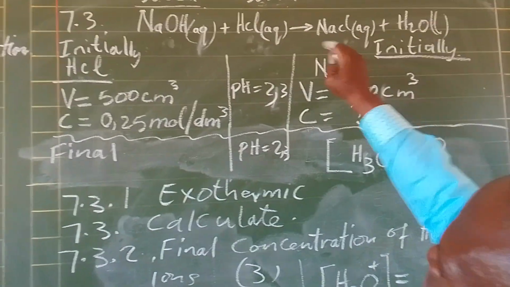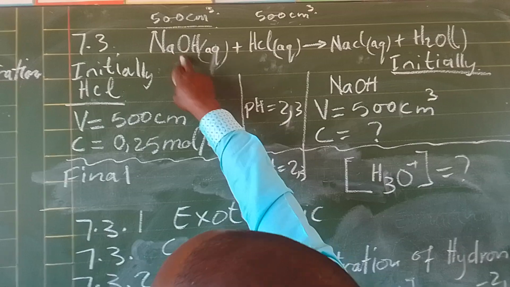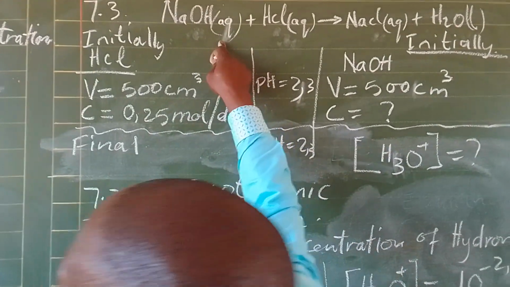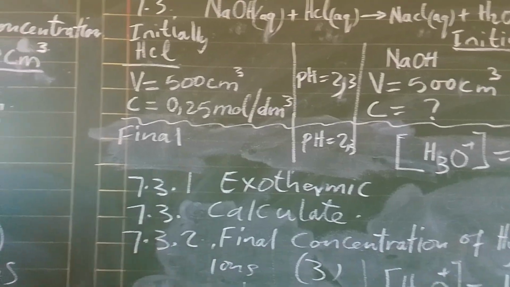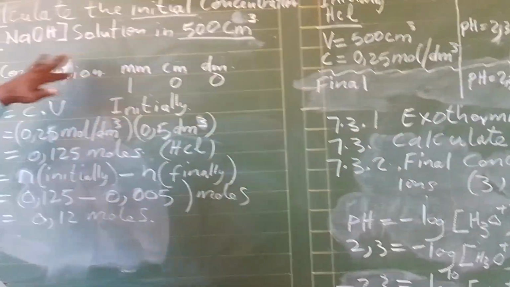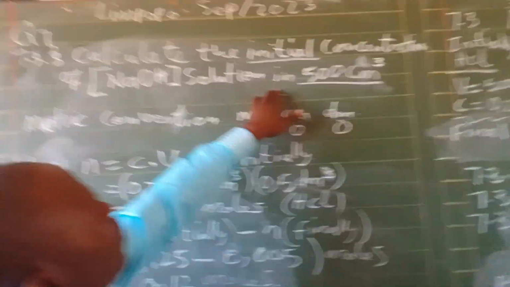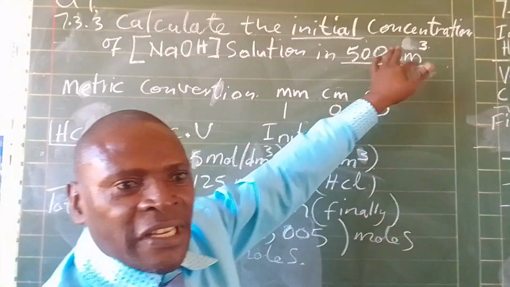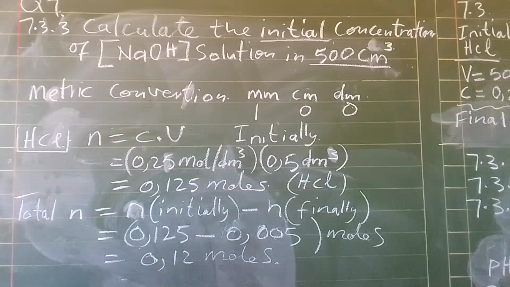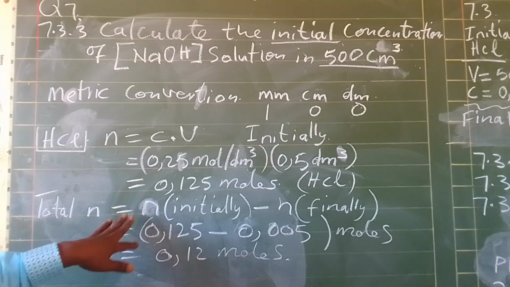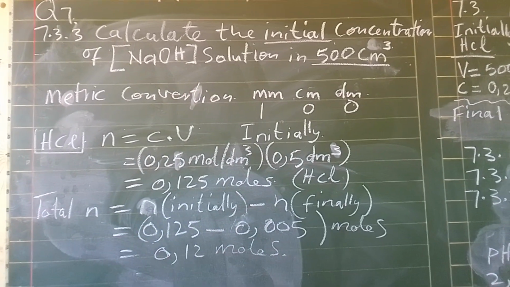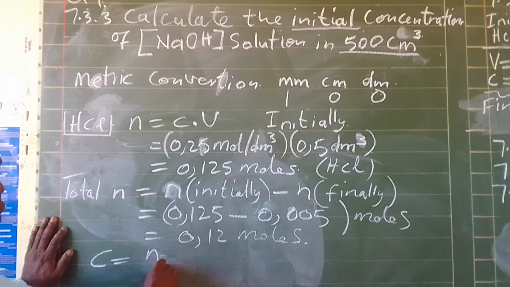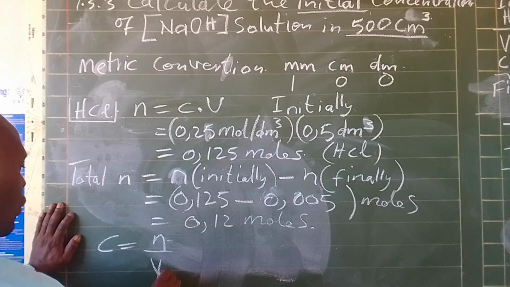Now, they want us to calculate the initial concentration of sodium hydroxide solution in 500 cubic centimeters. So, we know that the concentration is equal to number of moles over the volume.